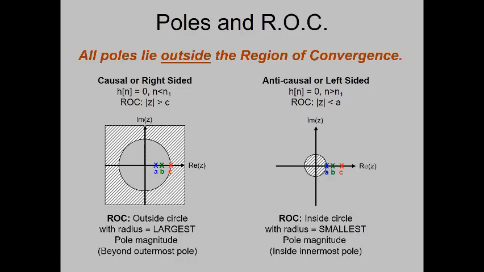And that is, in fact, how it works. If we have a transfer function that we know is anti-causal or left-sided, we know the region of convergence has to start at the smallest, or innermost, pole and go inward.